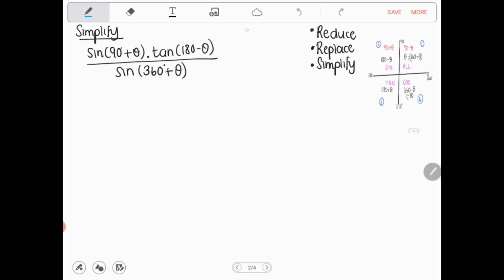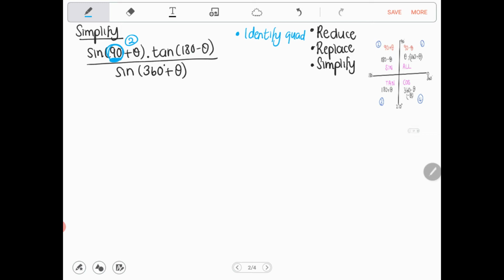We start by identify. So which quadrant am I working in? Well, this first one is in the second quadrant, 90 plus theta. But I'm going to underline the 90 because I've got to remember that that 90 changes sine into cos. So it's really important that you focus on 90s when you see them.